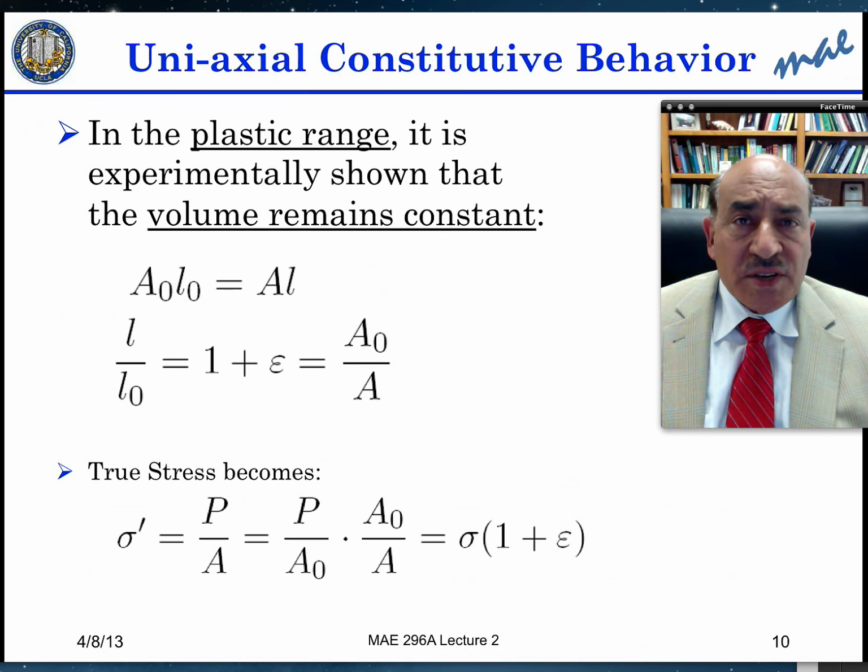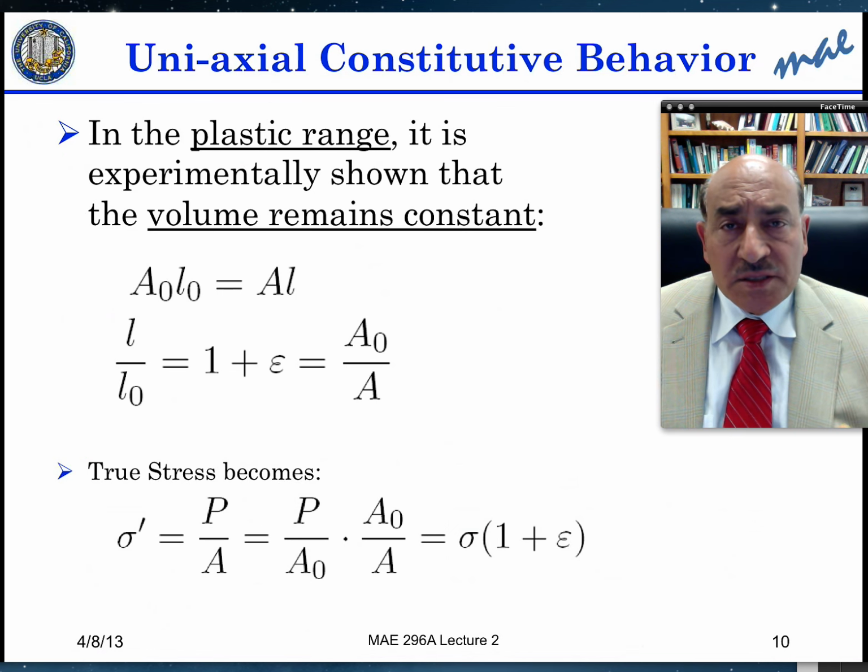Now, if you want to make a relationship between the stress and the strain, then I have to find the stress measured in the current configuration, where I have an area that is reduced in extent. In order to find this relationship, I need a connection between the reference state and the current state.